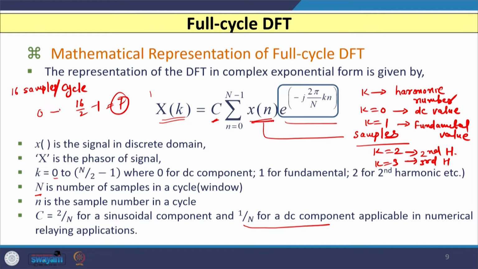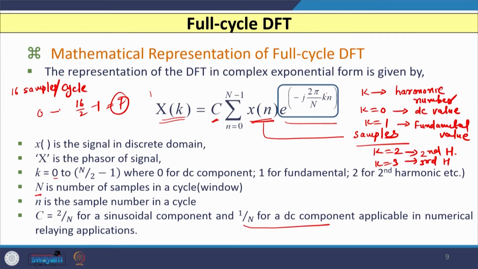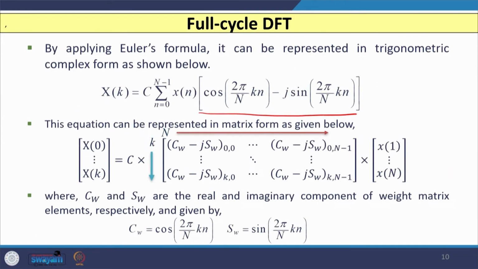Now, in this equation, if I consider the exponential term and apply Euler's formula, this exponential term can be represented in trigonometric terms. So, X of k equals C sigma x of n, and e raised to the power minus j 2 pi by N into k n is replaced by cos and sin terms: cos of 2 pi by N k n and sin of 2 pi by N k n.